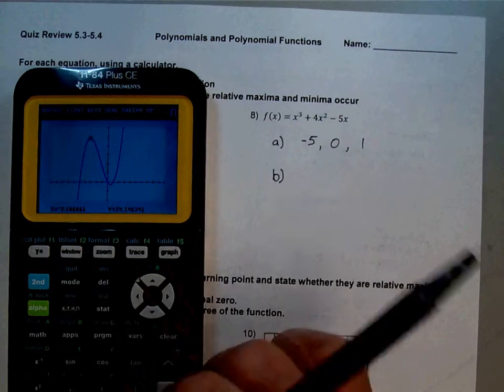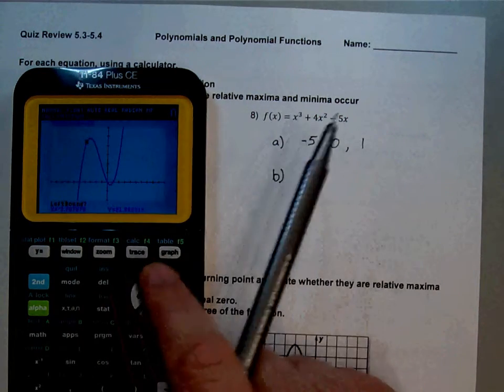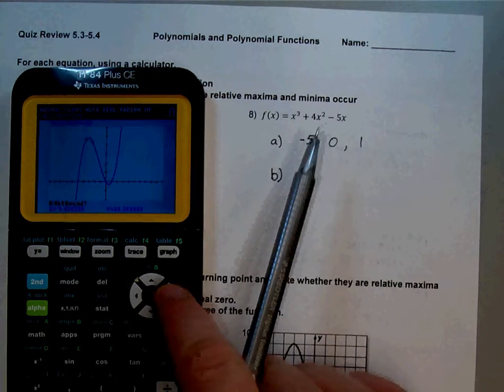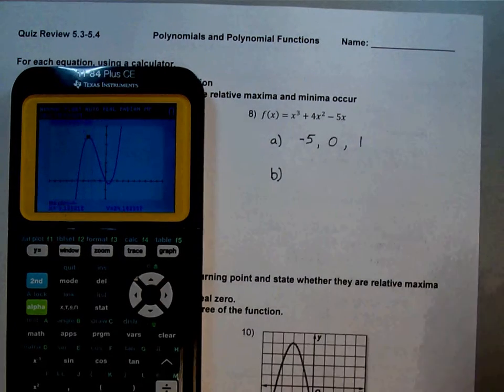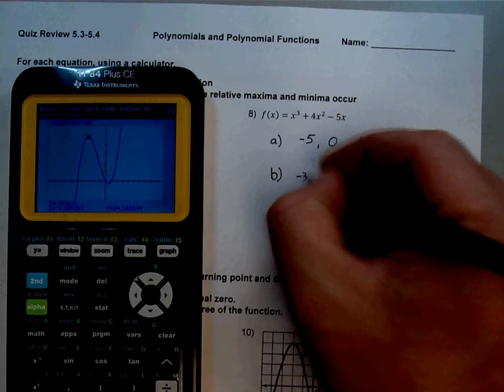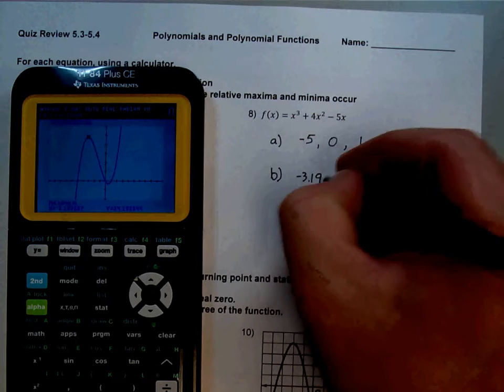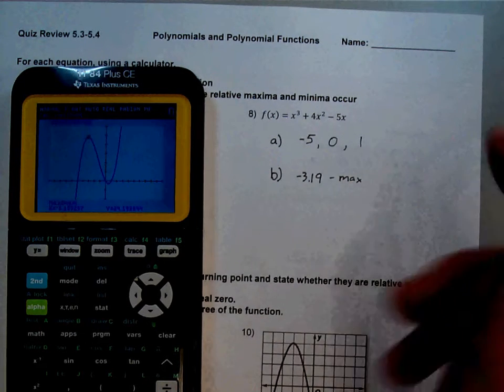Oops, I hit too quickly. Sorry, I keep making little mistakes. Let's try this again. Left bound, right bound, hit, and I'll only push the button once instead of twice. Okay, so about -3.19, I'll call it, and that was a relative maxima.